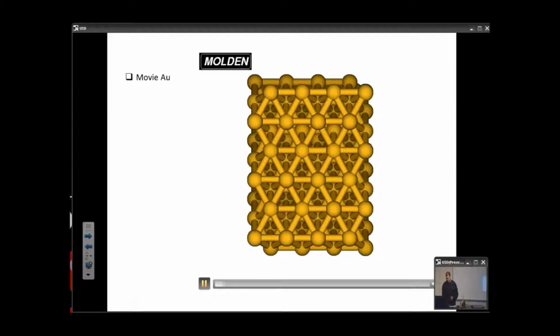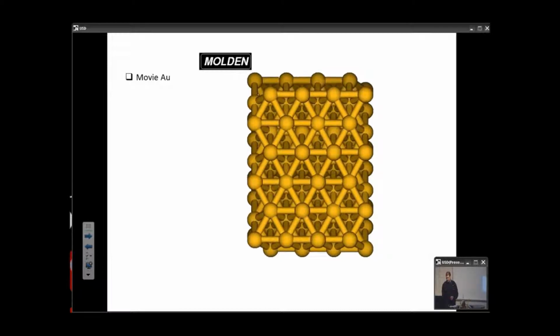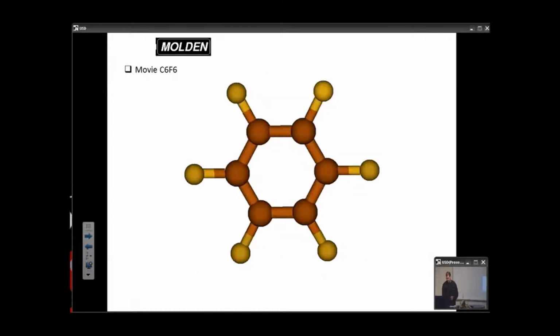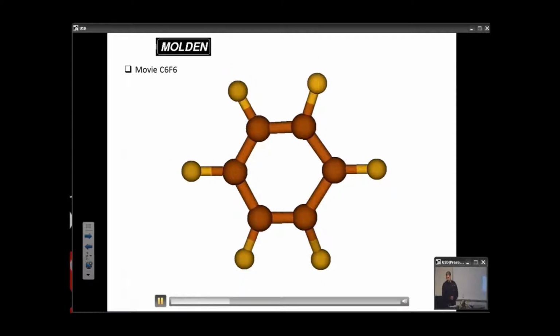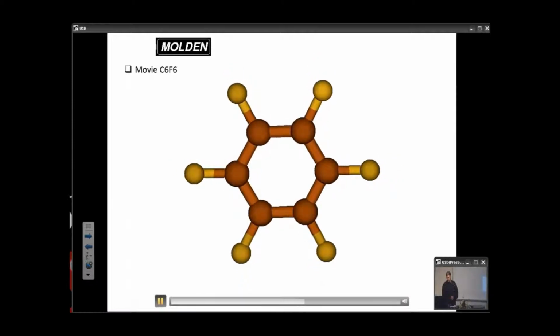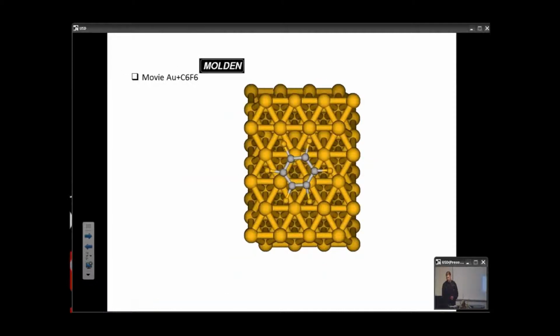This is the movie of what we got for the gold surface, showing really well the movement of atoms. This is for C6F6, to get a highly optimized structure.